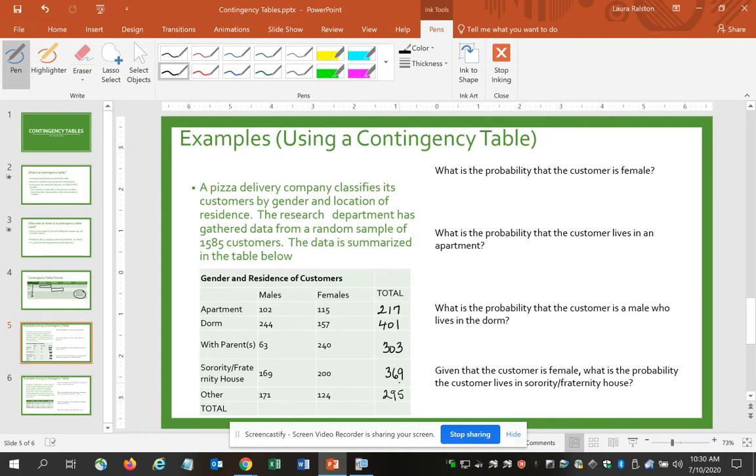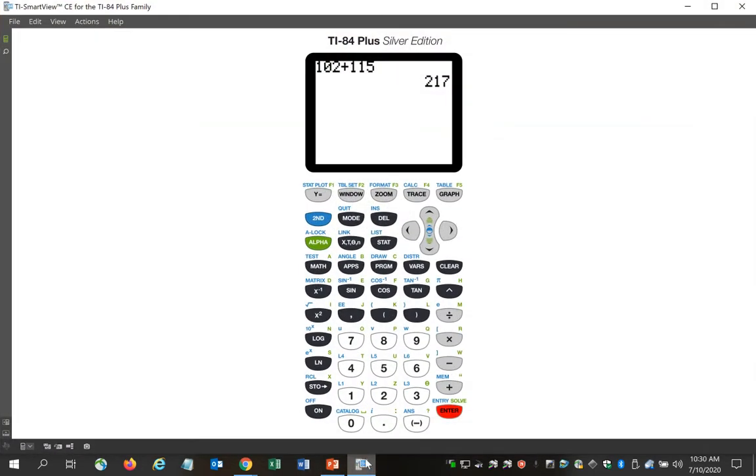Now here's the thing that's important. Then you want to total that last column, the total column, and notice that in the original problem they told us we had 1,585. So I want to confirm that, and again, you may want to get your calculator.